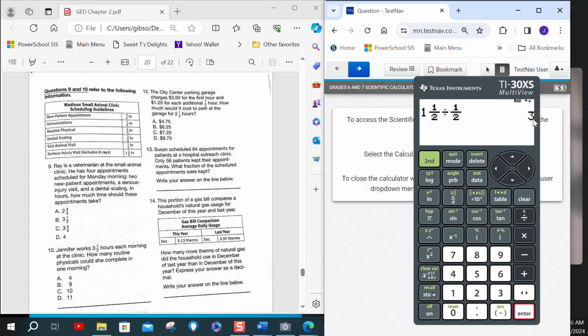So that's 3. That means 1.5 hours will be 3 additional half-hour sessions that you would be paying for.